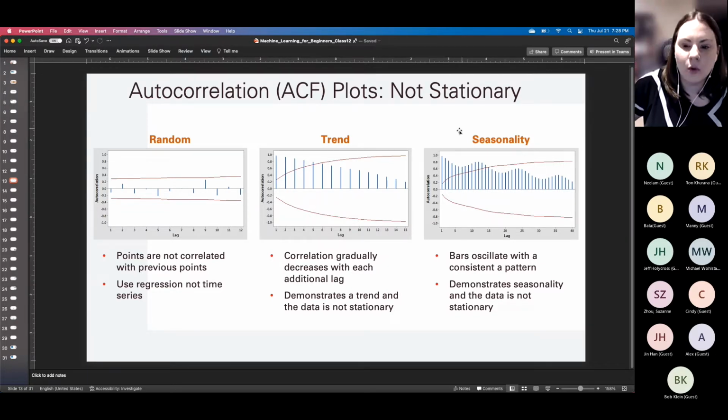If you see this, you know that your data has seasonality. In these cases, unless they're differenced, and sometimes differencing doesn't work, or you want a model that takes into account seasonality, you would want to choose your model based on this.